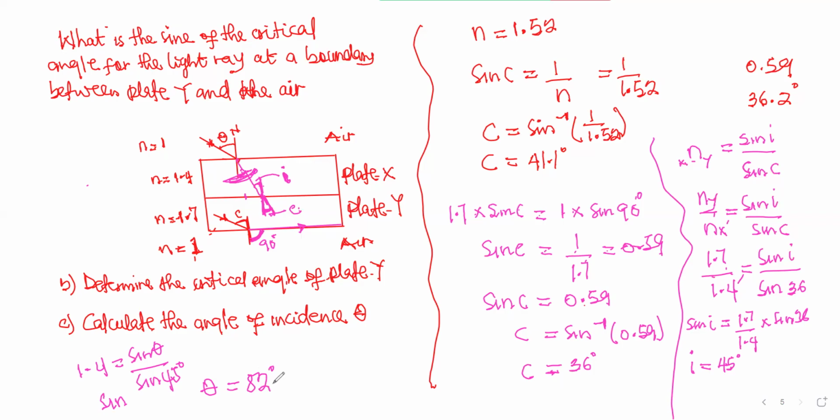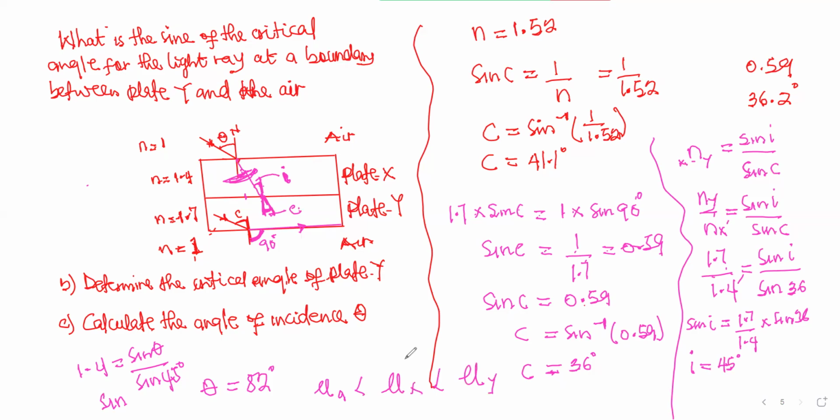So this is your question, Angie. We are not getting the same angle of incidence as the angle of emergence because this is a critical angle condition. Besides, the order is that the refractive index of air must be less than the refractive index of plate X and less than the refractive index of plate Y. So it follows.